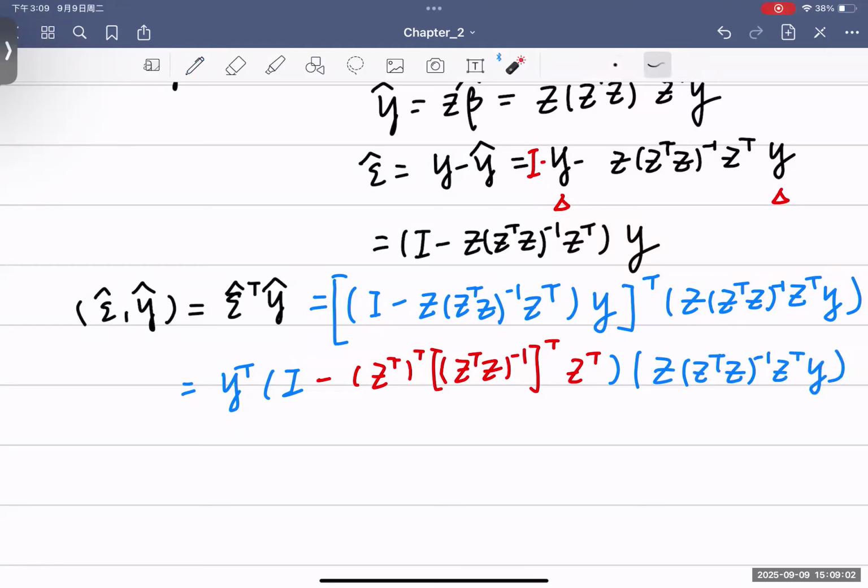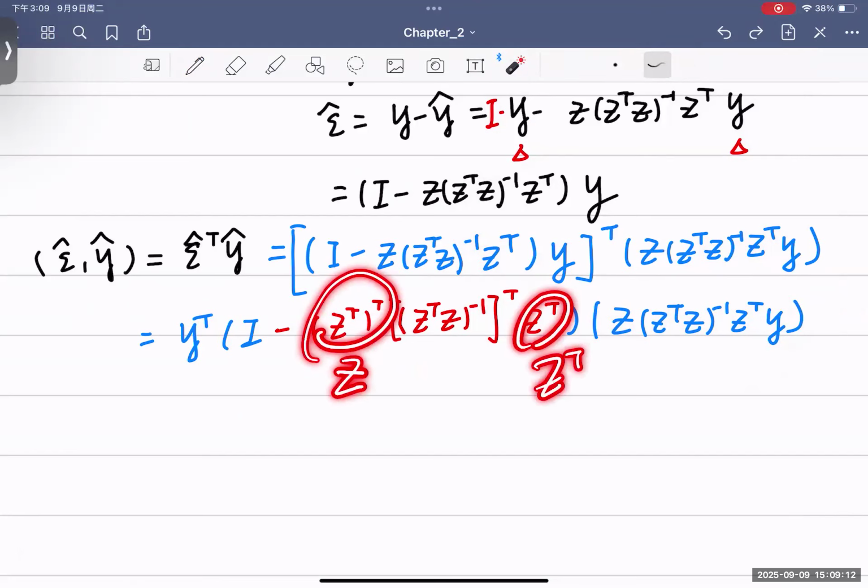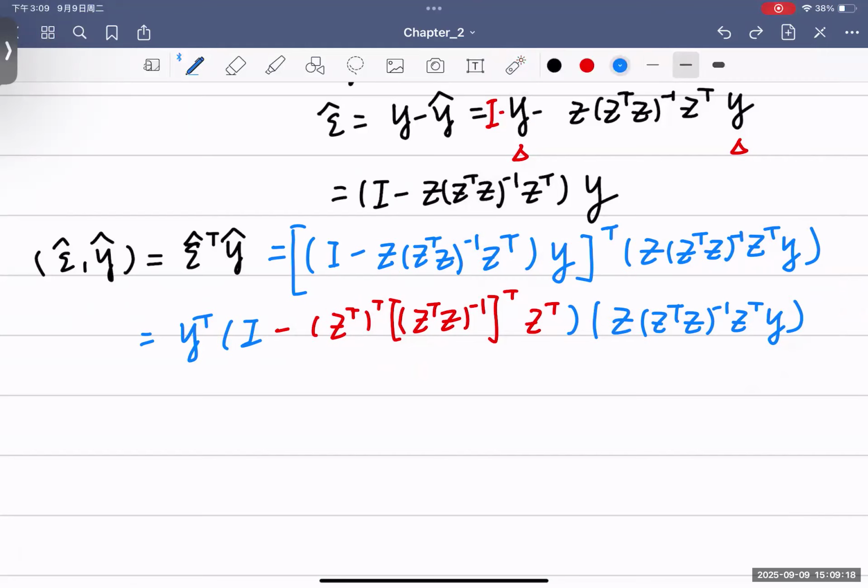Okay, one thing we can observe is that this is a Z, so this is a Z transpose. What about the intermediate part? Z transpose Z inverse, taking the transpose. The good thing is that this term is symmetric, which states that the transpose is equal to itself.